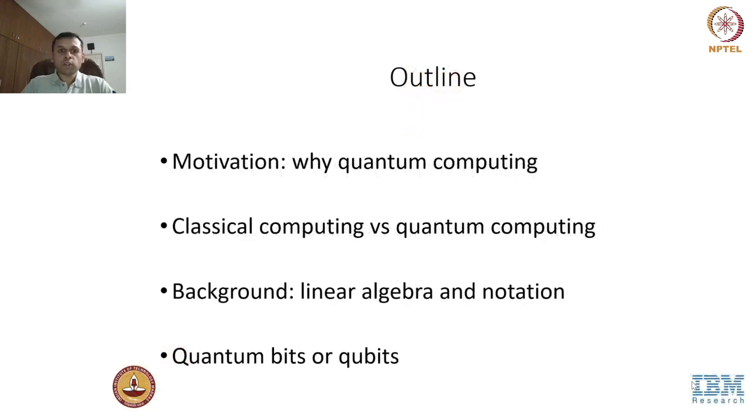In the first module, you will learn what the basic units of quantum computing are, namely quantum bits or qubits. But first, we will briefly discuss why quantum computing promises to be a game changer in the field of computing and why this is such an exciting subject to study. Next, for those of you who are already familiar with classical computing as programmers, we will briefly compare quantum computing to classical computing concepts.